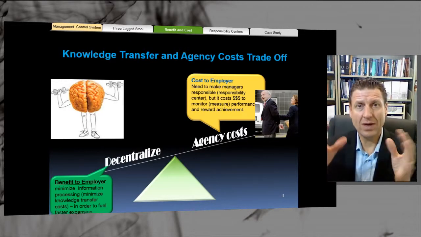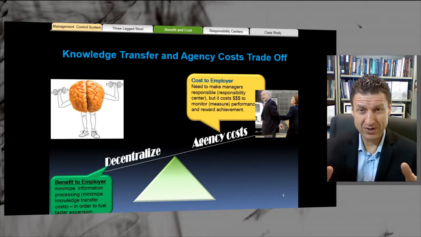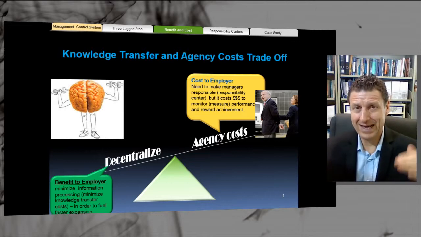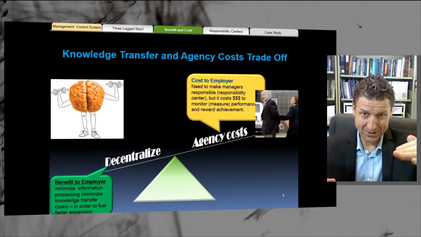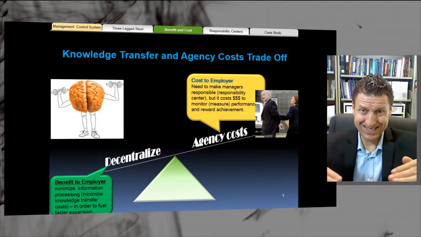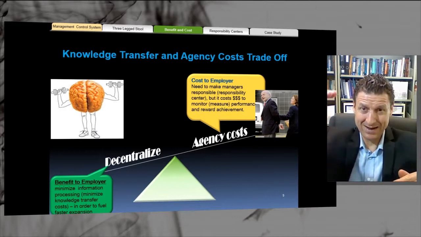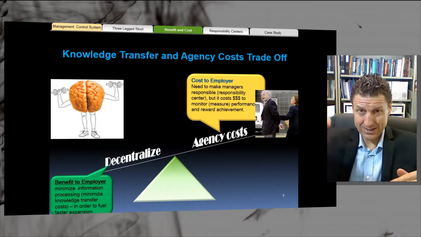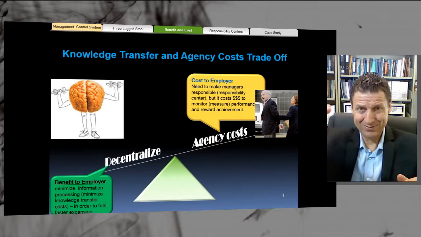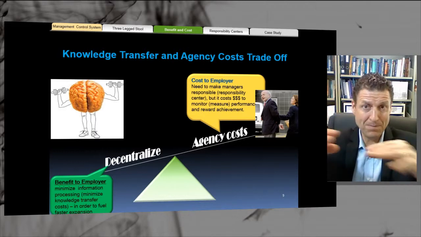So as I mentioned earlier, the knowledge transfer costs and agency cost trade-off. As knowledge transfer costs go down, because of decentralizing, our agency costs are going up, and that's the cost of managers doing the wrong thing. Any conflicts or any lack of coordination of strategy, but for the most part, it is also the controls you need to put in place in order to manage these managers.